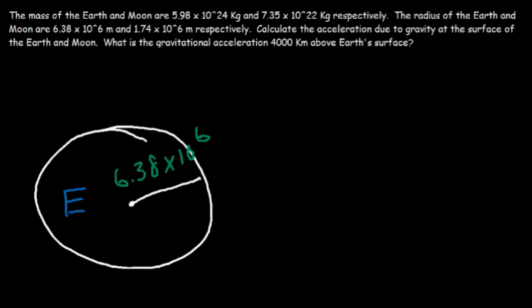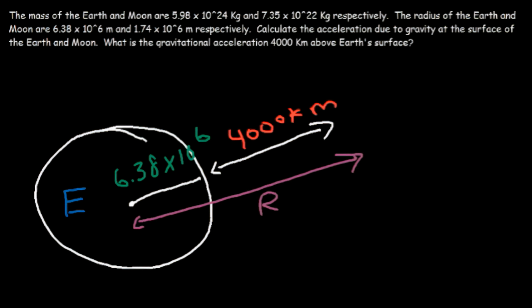Now, we want to find the gravitational acceleration at a point 4,000 kilometers above the surface of the Earth. So the R value in the equation is the sum of the radius and the altitude of 4,000 kilometers.